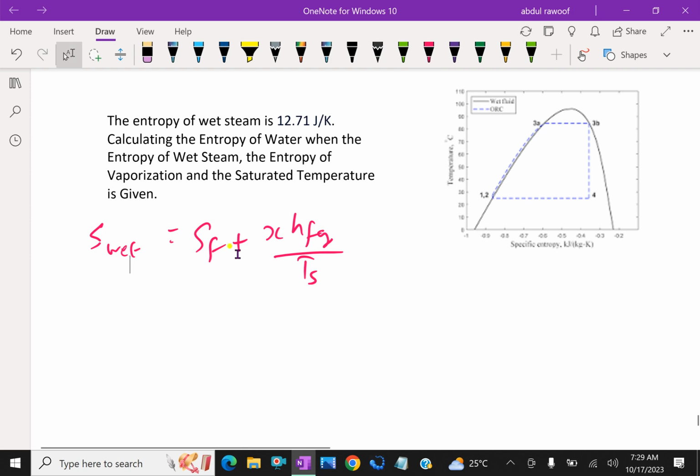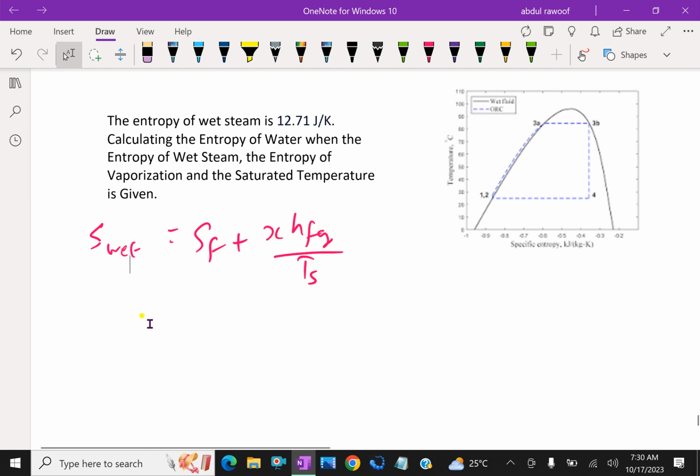S wet equal to Sf plus X hfg over Ts, where S wet equal to total entropy of wet steam and Sf equal to entropy of water, and then X into hfg over Ts is entropy of evaporation.